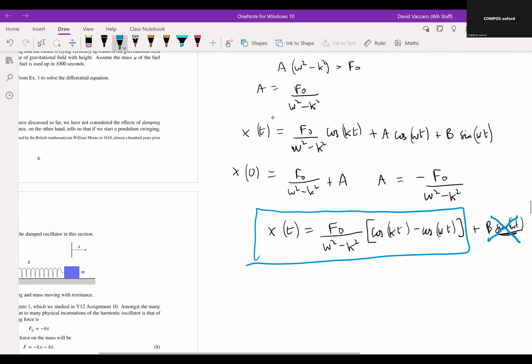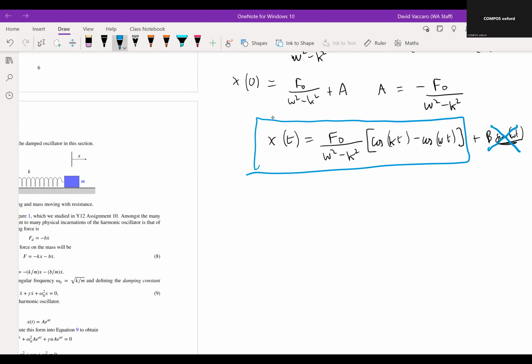So you can imagine this being modeled in the park, on the swing. Every child loves going on the swing. So you could model this by my daughter being on the swing, and I'm pushing her rhythmically according to some cos wave.